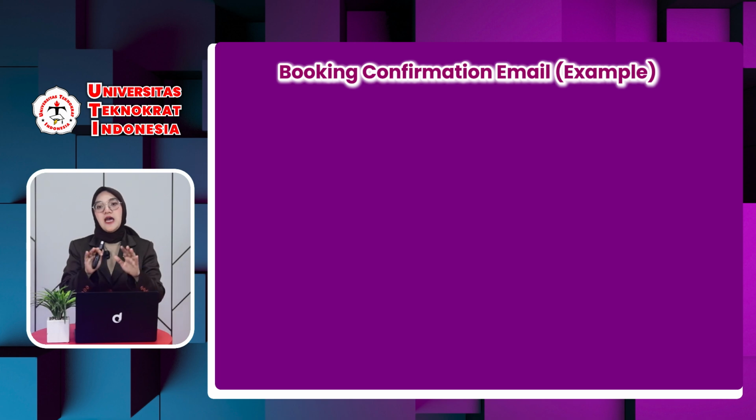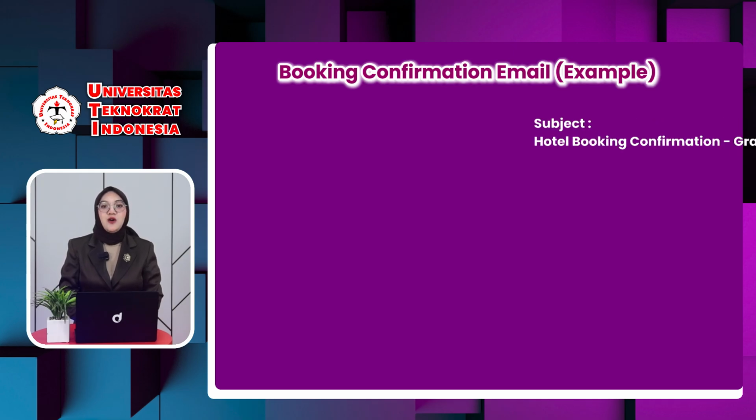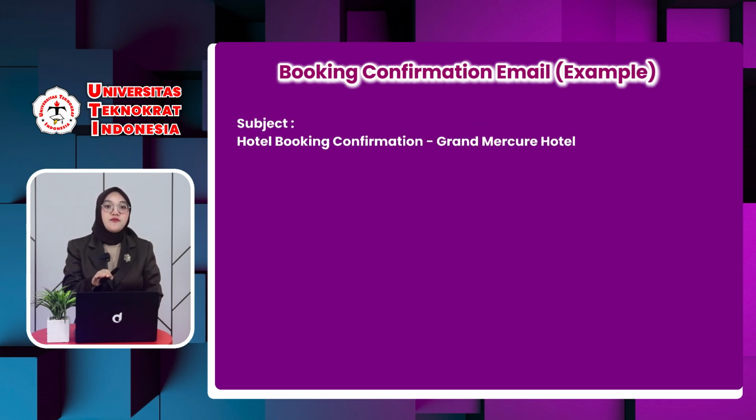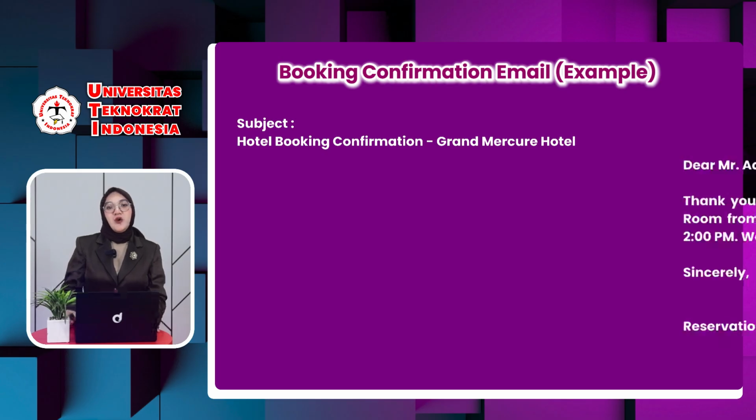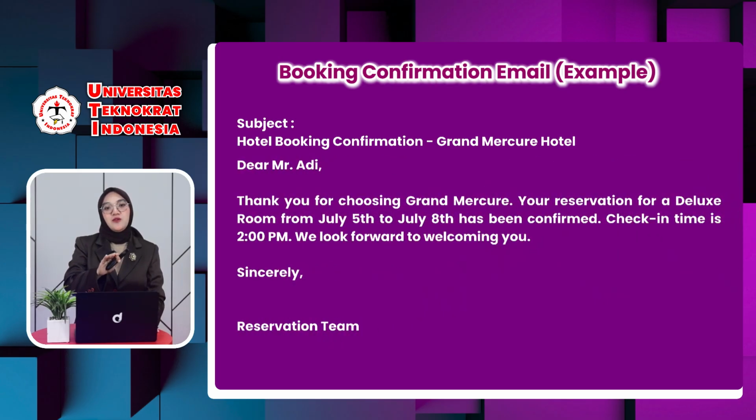Booking confirmation email examples. I will give you examples of emails for booking hotels. You can write down the subject, for example, Hotel Booking Confirmation, Grand Mercure Hotel. In the first sentence, you can write, Dear Mr. Adi. The next part is the content of your email. Thank you for choosing Grand Mercure.